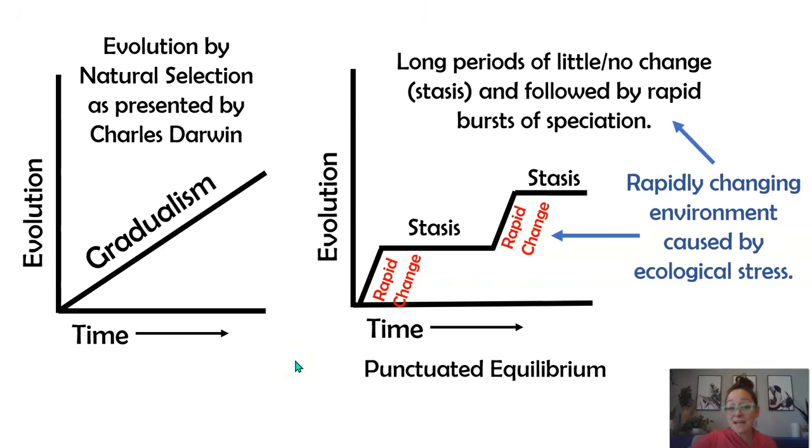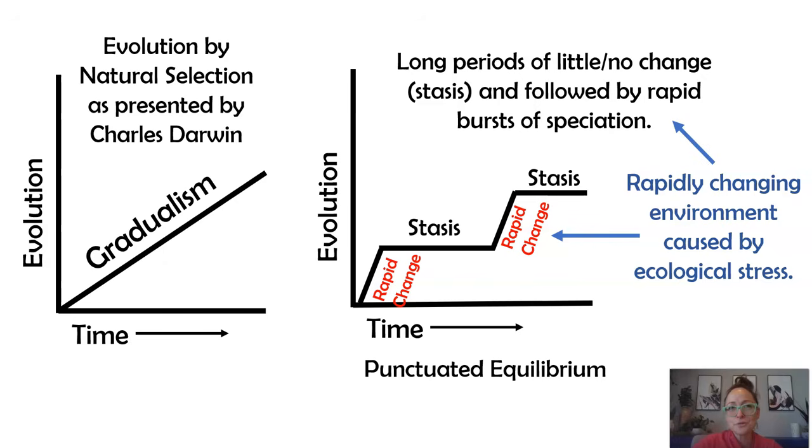And then for about the last 10,000 years, temperatures on Earth have been pretty stable. So when we talk about punctuated equilibrium, we look at lots of like stable time periods on Earth where there's not a lot of extinction and not a lot of speciation occurring, but rather it's punctuated by like rapid change.